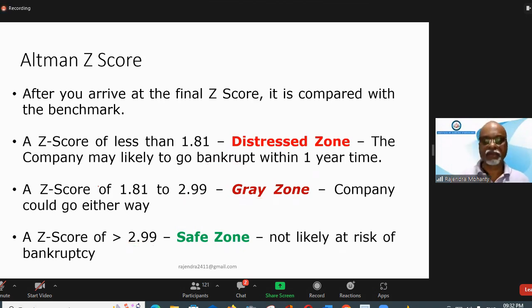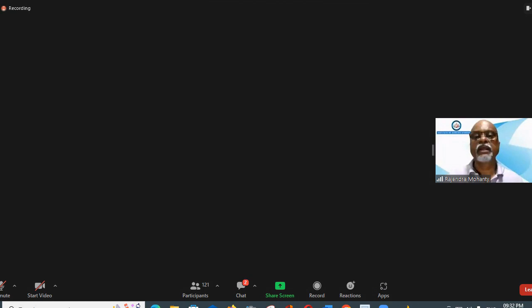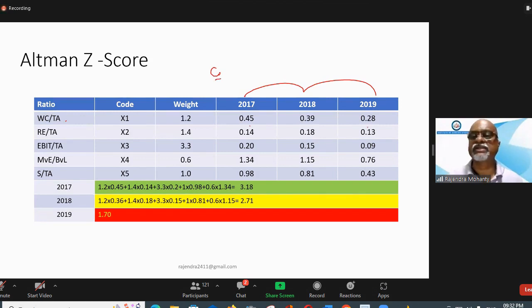Or the question will be asked like this: they will give the ratios. So three years of ratios are given for a company. Now these are the constant weights to be multiplied with them.